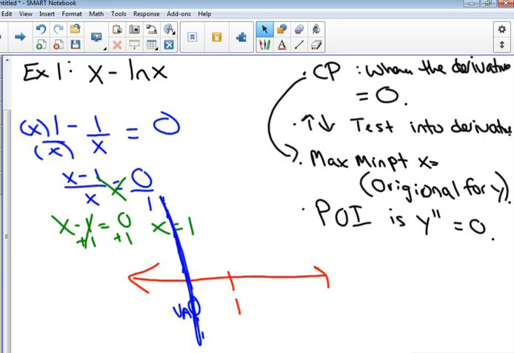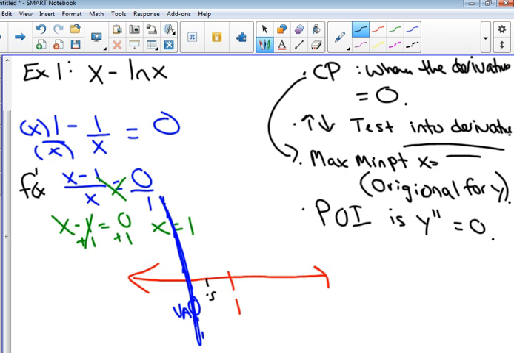So when you do your test points, when you pick something to the left of 1, you can't pick 0 or negative 1, because it's not going to work there. What would you want to pick in here to test? 0.5 sounds good. Alright, let's test 0.5. And when you do your testing, make sure we're going into the first derivative. So I would use this one, this is kind of a nice looking piece.